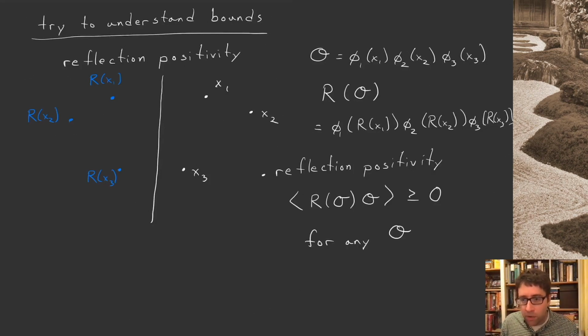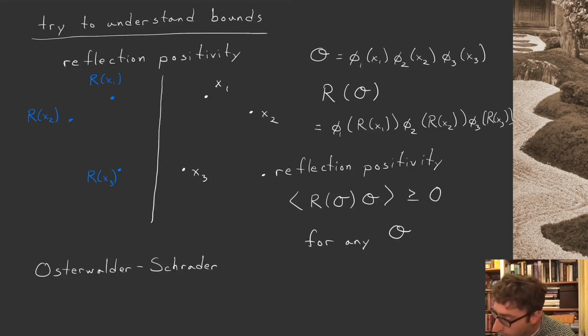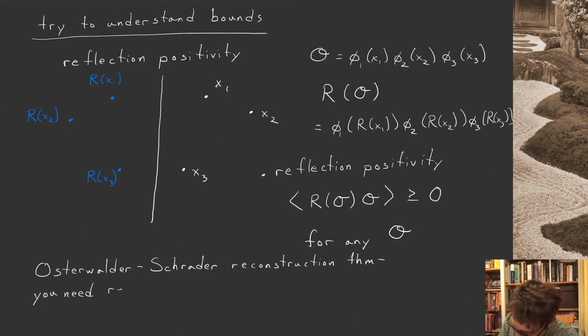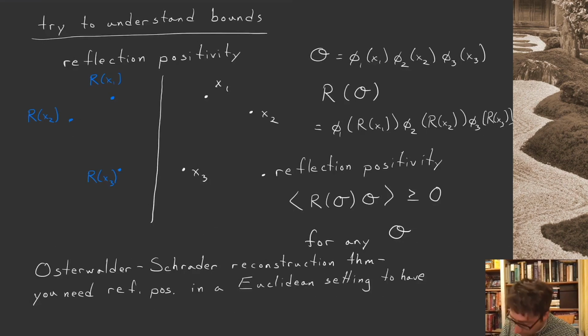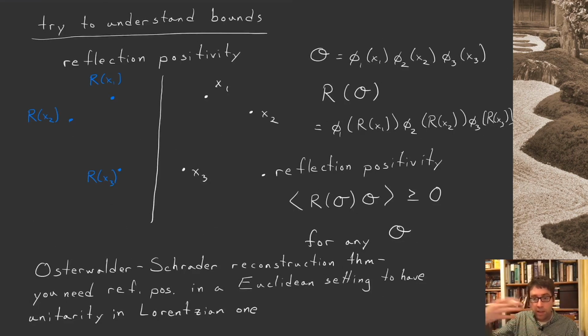Now, why do people care about this? Well, there's a theorem called the Osterwalder-Schrader reconstruction theorem, which I don't really want to get into. It's a part of constructive field theory. But the idea behind this is that you need reflection positivity in a Euclidean setting, for a QFT in a Euclidean background where time is just like all the other spatial coordinates, to have unitarity in the Lorentzian one, where you continue time into a complex direction, where you send t to i times t, and then have a true time-like coordinate.